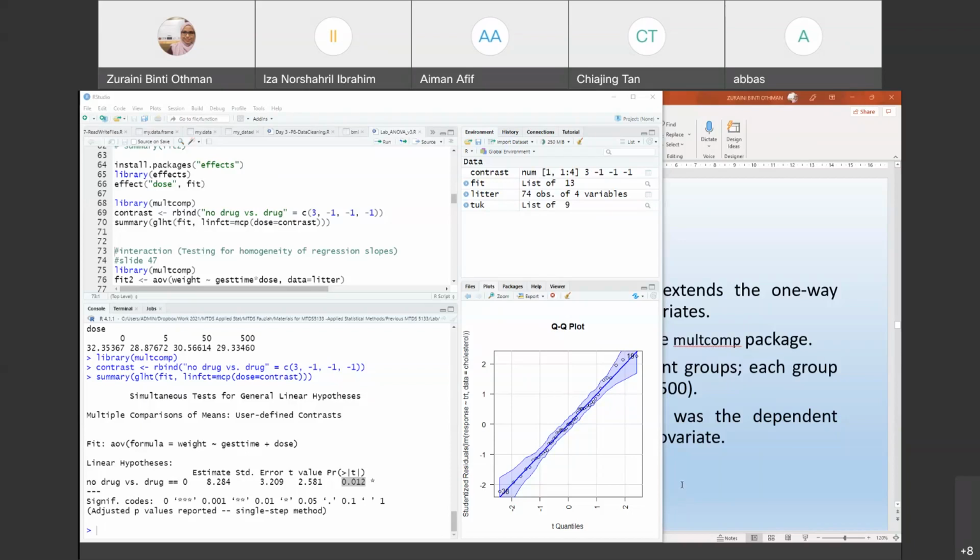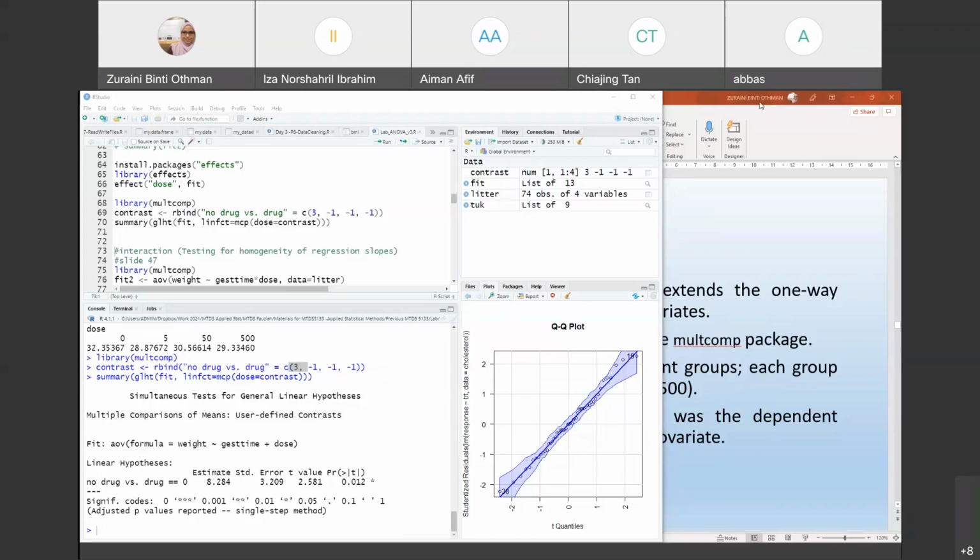Okay, then here you can see this is the dose effect. As I already mentioned, this is the contrast.